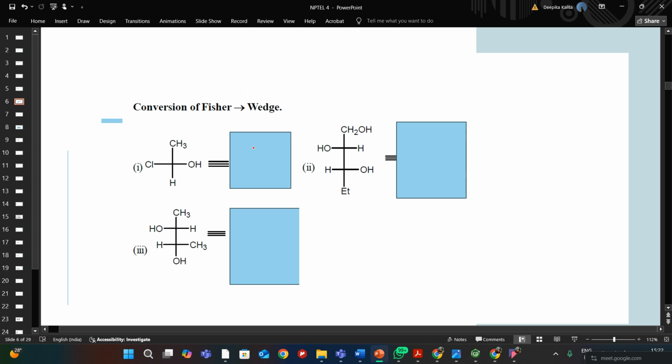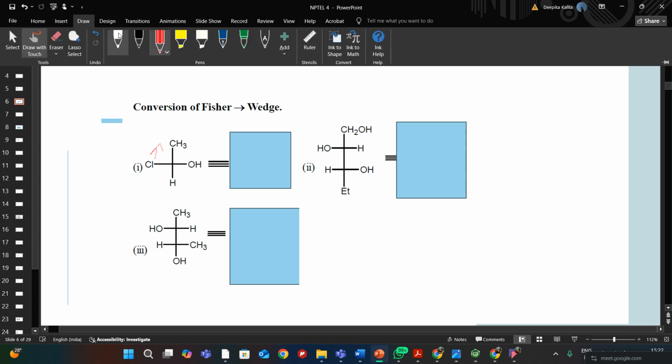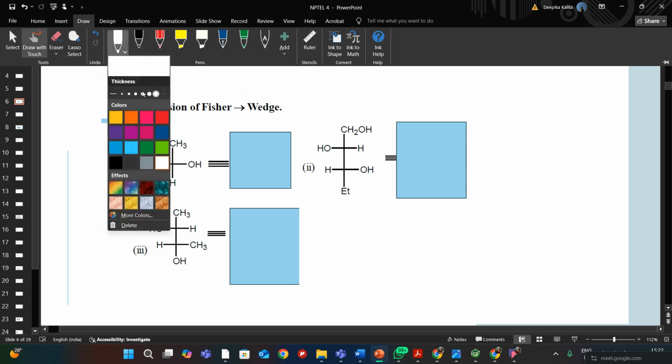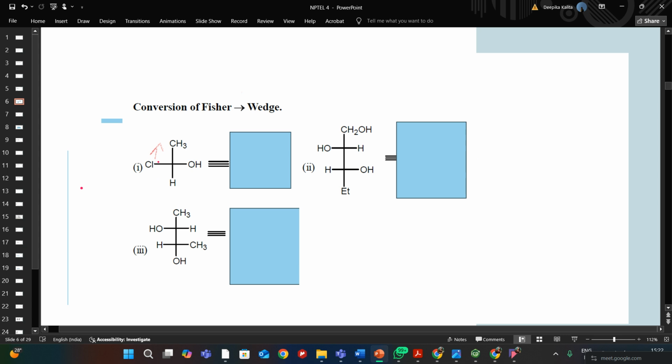So whenever we are converting Fisher to wedge, just imagine it as lifting the molecule, holding it through the horizontal substituents.